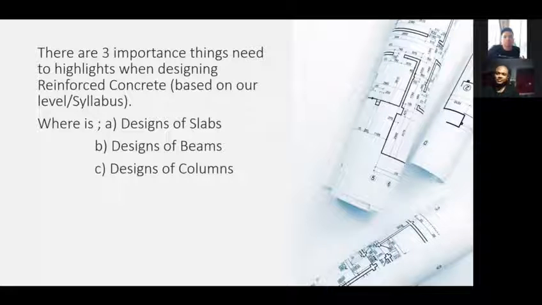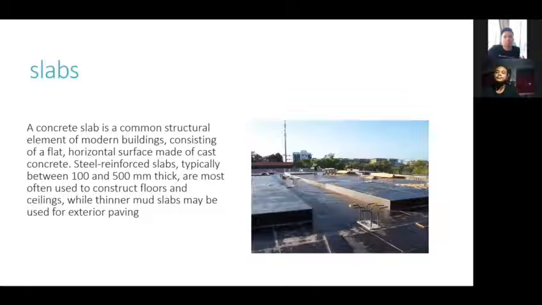Okay. There are 3 important things to highlight when designing reinforced concrete based on our level. First is design of slab, second, design of beam, and the last one is design of column. Next. Okay, slab.